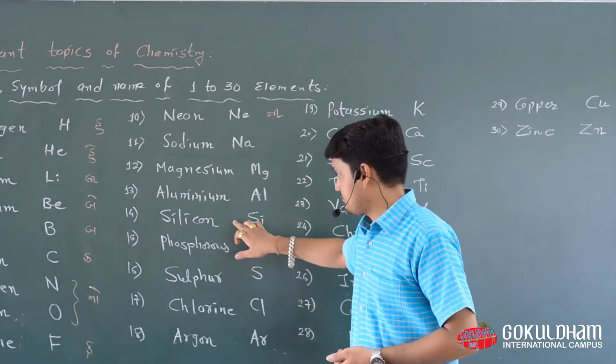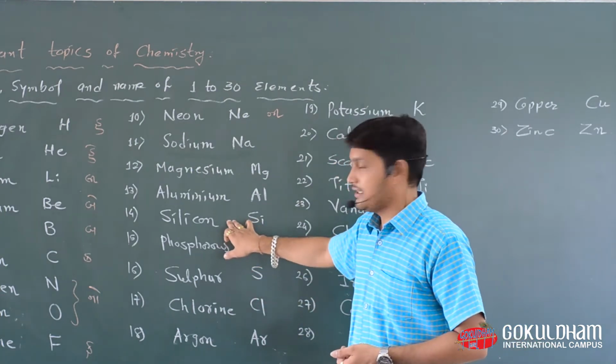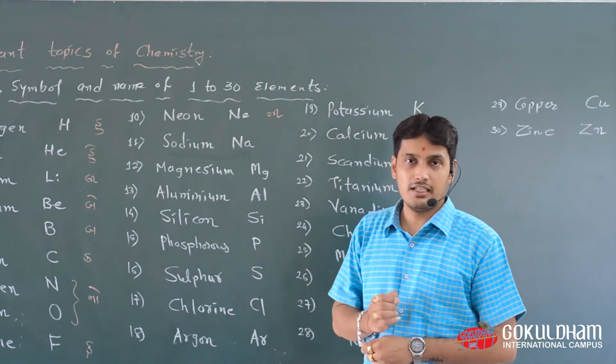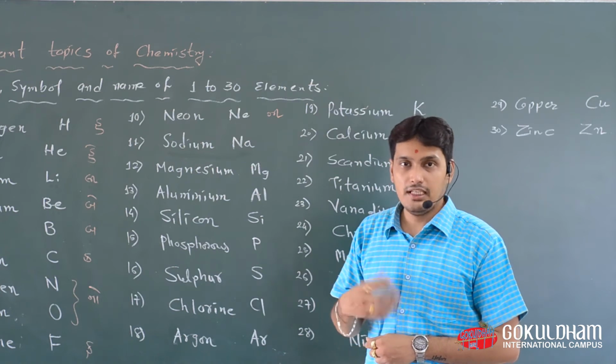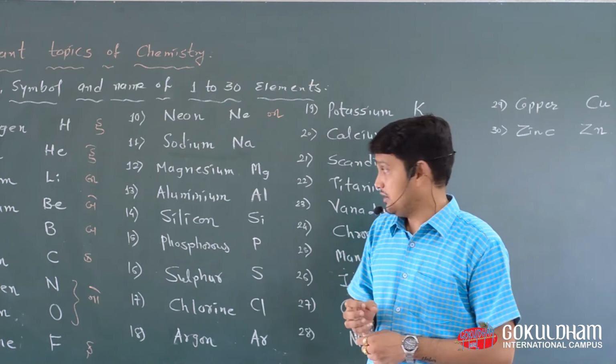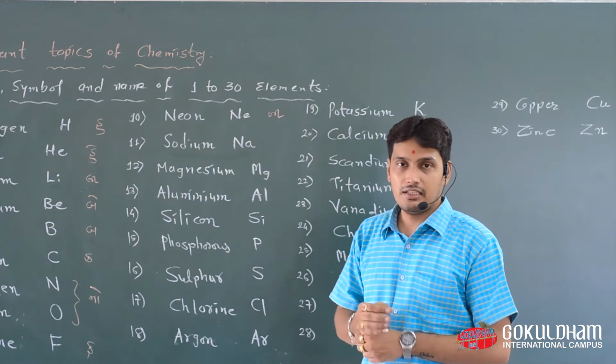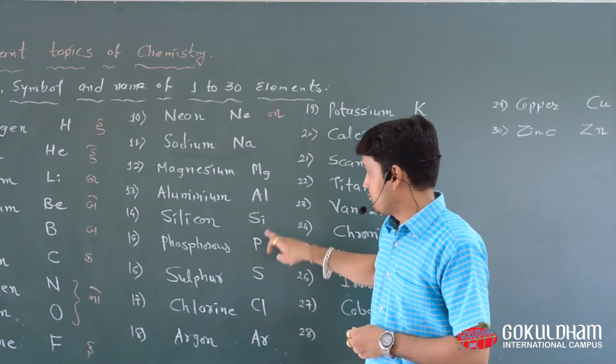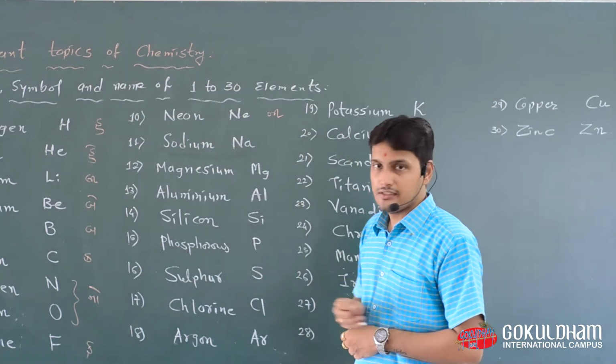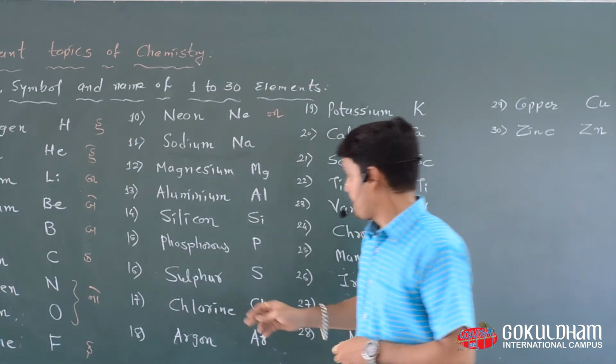It is a semiconductor. Semiconductor means not a full electrical conductor, and not a total insulator that doesn't pass electrical current. So we classify silicon as a semiconductor.